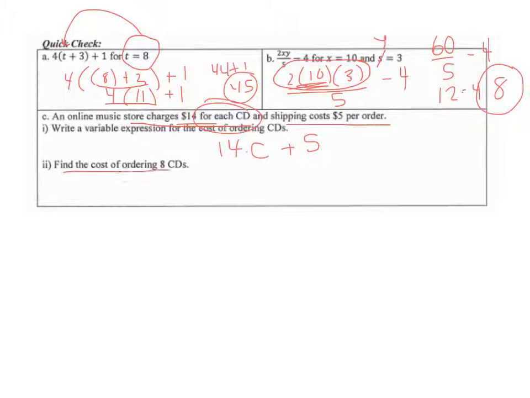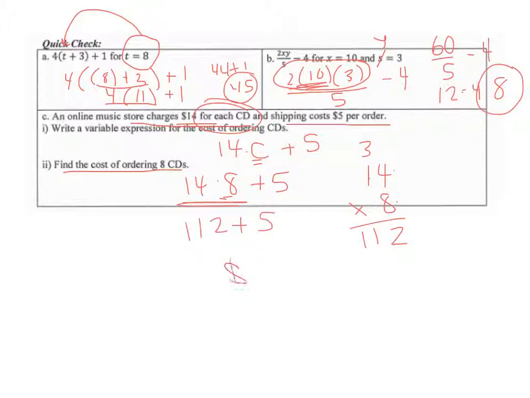Find the cost of ordering 8. So it's 14 times 8 plus 5. I plugged in 8 for C. Now I have to do 14 times 8. 4 times 8 is 32, carry the 3. 1 times 8 is 8, plus 3 is 11. So this is 112 plus 5, so the final cost is $117.